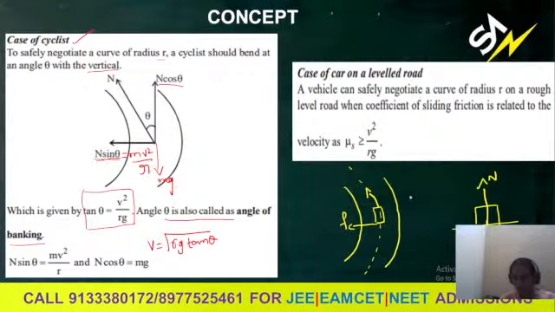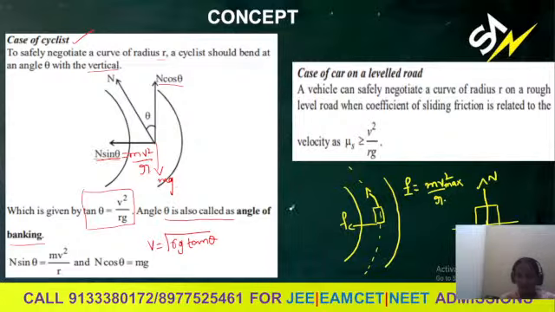Now, this frictional force will provide the centripetal force, which acts towards the center of the circle. On that level circular track, what is the maximum speed he needs to maintain, that we are going to find.